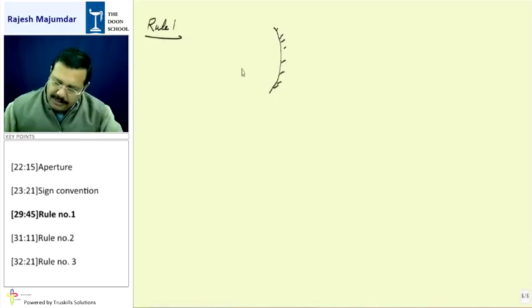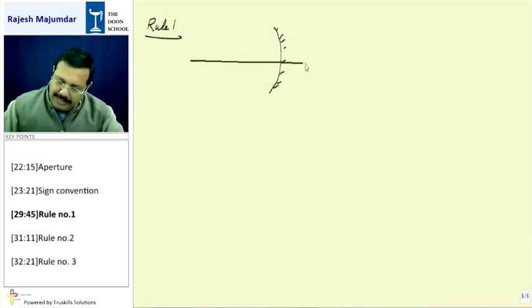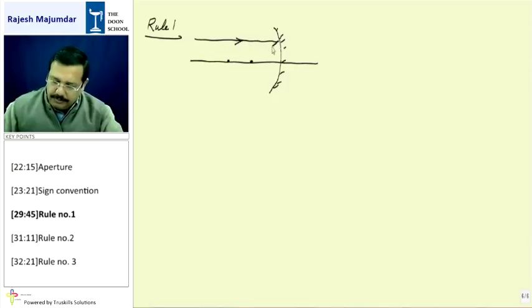This is the principal axis. Rule 1 says this is the center of curvature and this is the focus. Any light ray which is parallel to the principal axis after reflection will pass through focus. This is the focus and this is center of curvature and this point is pole.